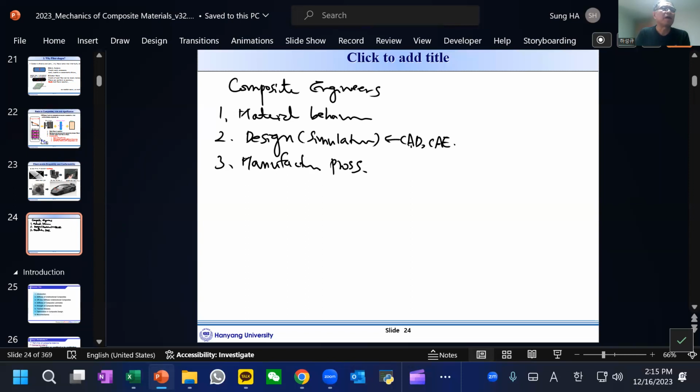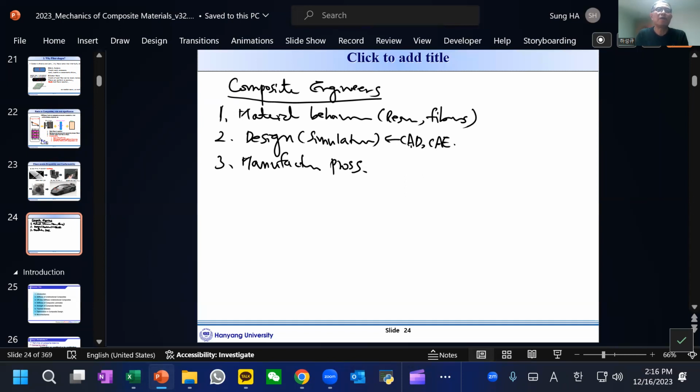So as composite engineers, we need to pay attention to understanding material behavior, resin, and the fiber, and even sometimes the sizing on the fibers. So material behavior is important.